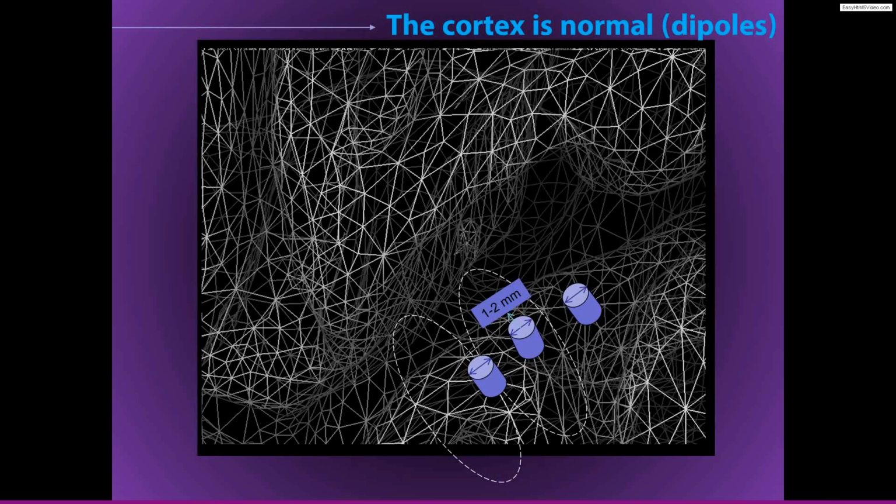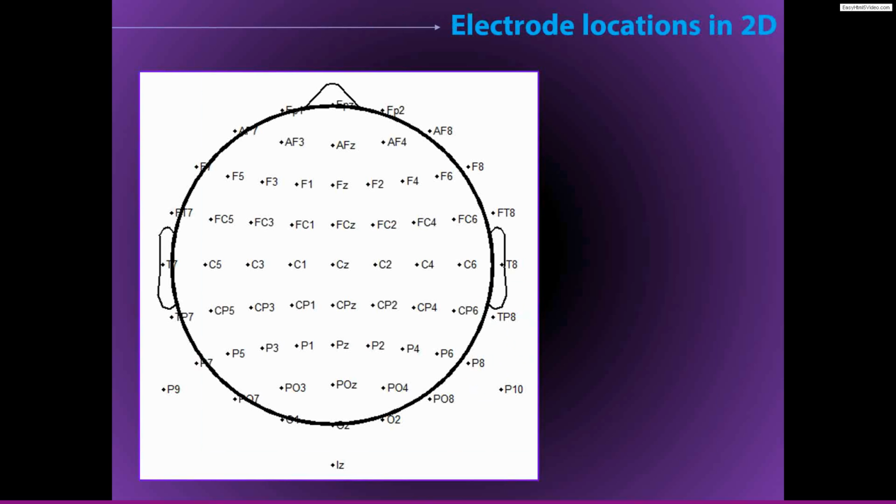Okay, and each one of these tubes is producing electrical fields or magnetic fields that you measure from outside the head. Now, typically in your experiments, you record not only from one electrode, but from many electrodes. This is a visual representation of the locations of electrodes from a 64 electrode cap.